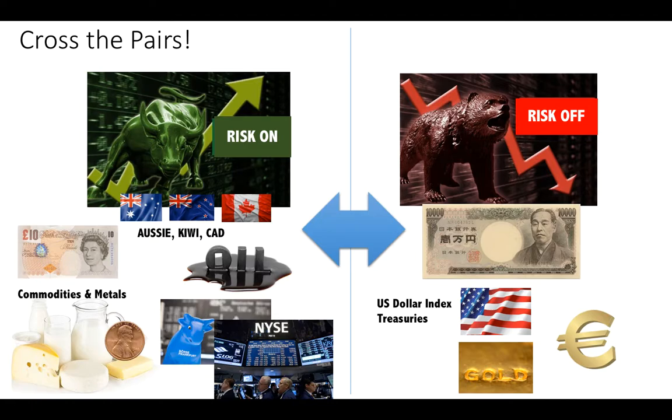Now, since there is no such thing as a JPY-AUD pair, what we will do during a risk-off situation is sell the Aussie dollar versus the Japanese yen, or AUD-JPY. Similarly, when we are in a risk-on situation, we're going to buy the Aussie against the Japanese yen, AUD-JPY.